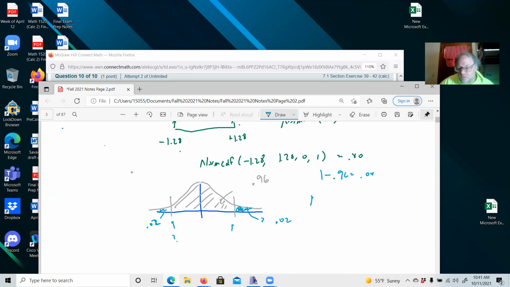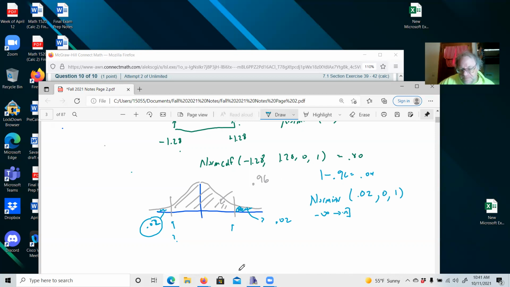We're going to use norm inverse, because we want a z-score, of 0.02. Norm inverse goes from negative infinity up to whatever area you want to stop at, in this case 0.02. And we want to do 0 and 1.